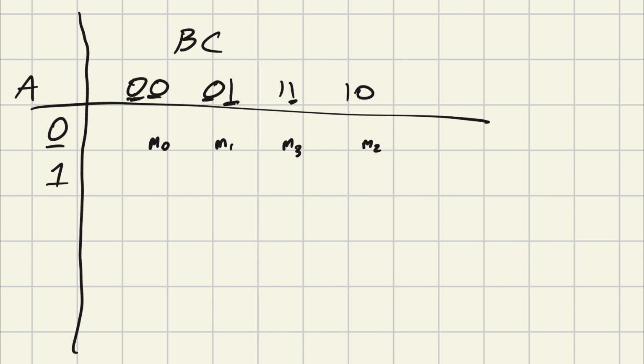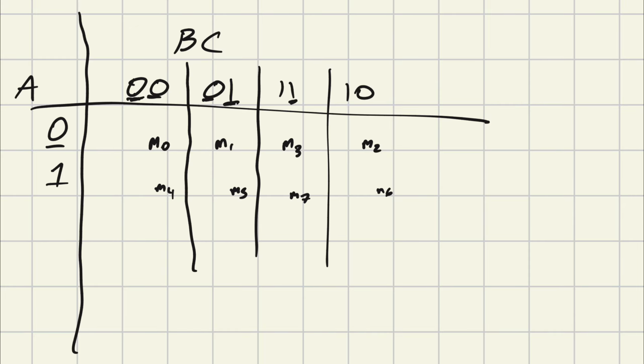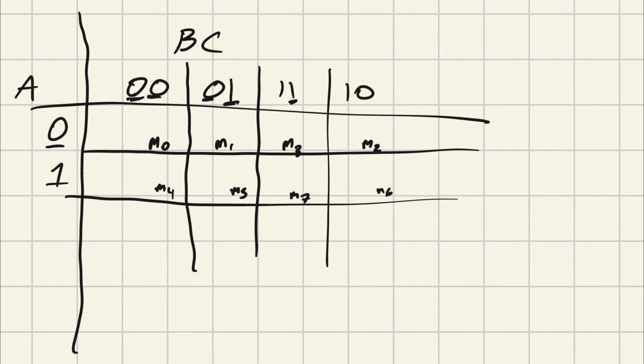And we can do the whole variable column like that, so that would be minterm 4, minterm 5, minterm 6, and minterm 7. And then we can just simplify by drawing some lines, just like that. And now our K-map is made for 3 variables, A, B, and C.